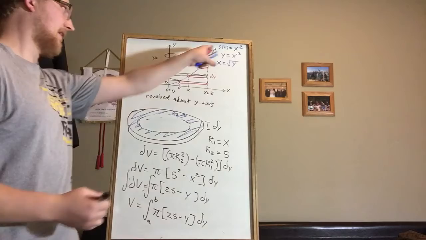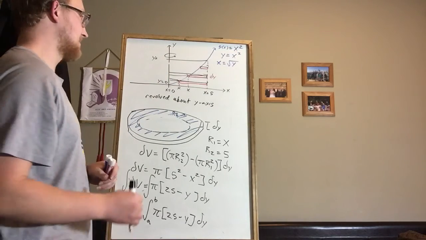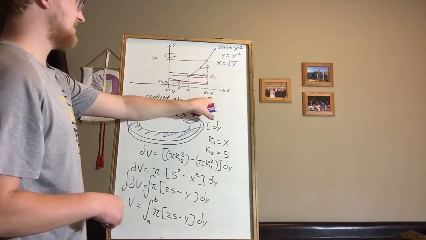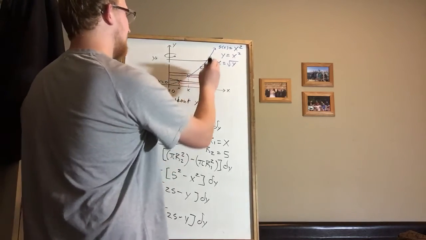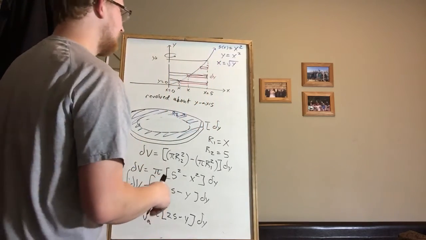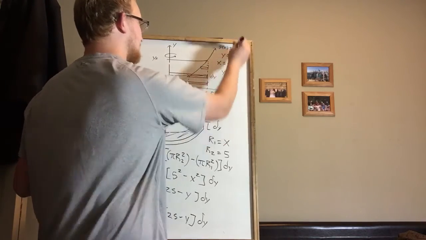Now the lower boundary is obvious for x squared, it's just 0 because x squared passes through the origin. But for the upper boundary we can solve because we know that x equals 5, so if we plug 5 into our function, it will give us this upper boundary. So y equals x squared.